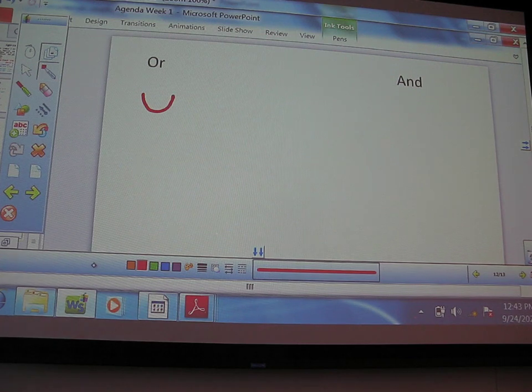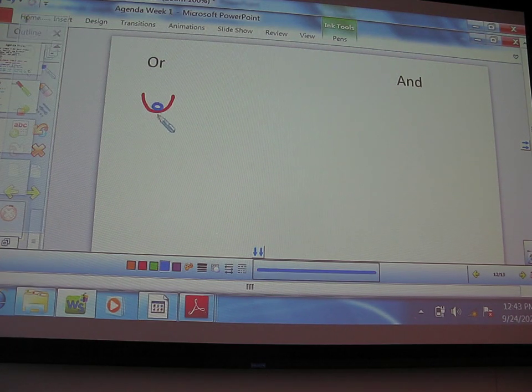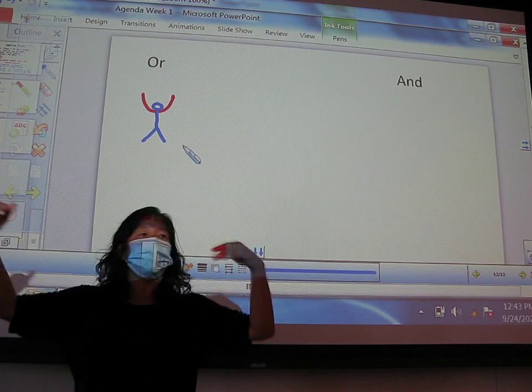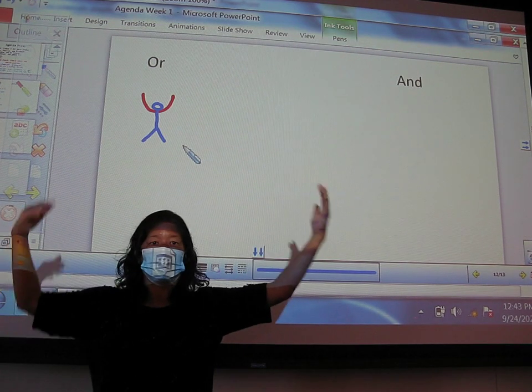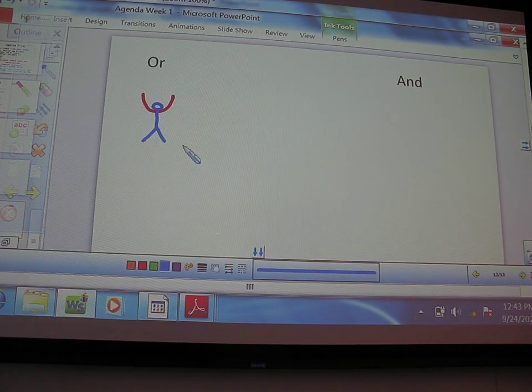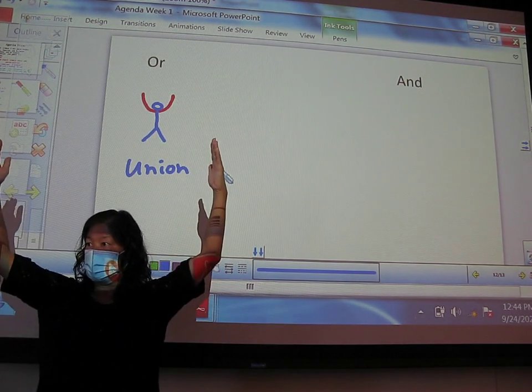I like to think of or as a guy opening his arms up and saying, I take everybody. You're welcome, all people are welcome, I take everybody. That's the or. What's the other word for it? You said it before? Union. So in the homework, it's a capital U or a lowercase u? You can think of it like a capital U, yeah. Like this, right? That's a symbol for it.